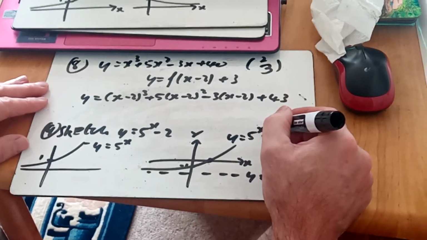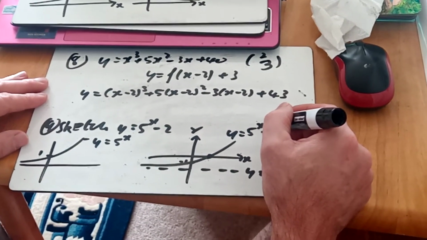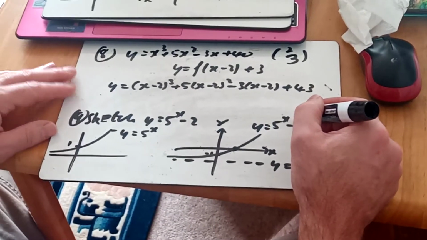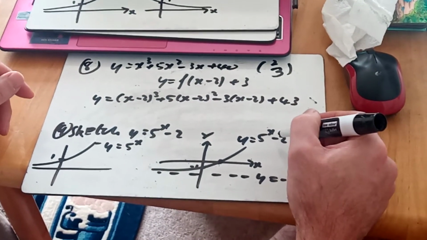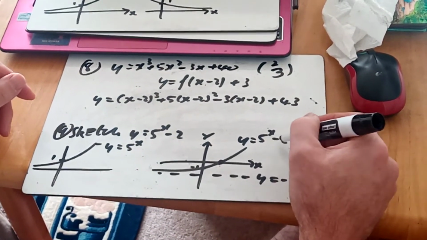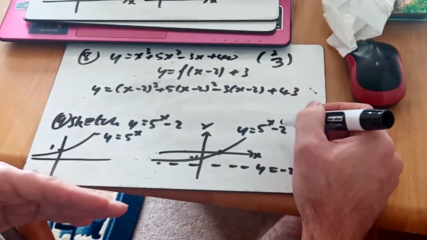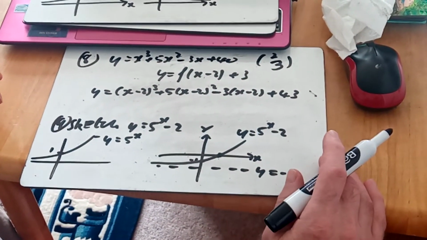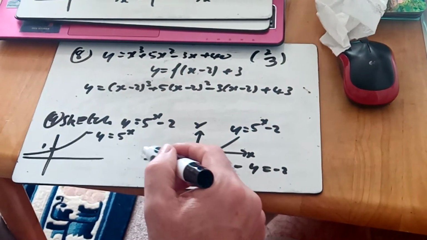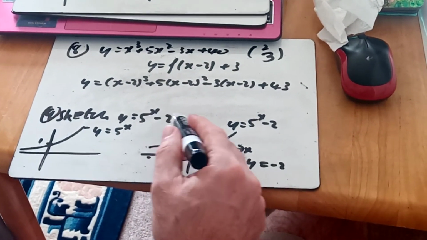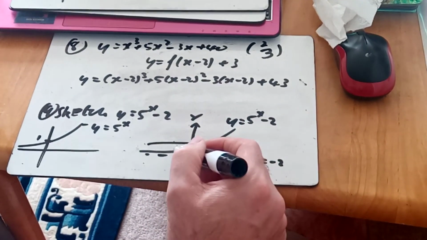If that minus 2 was within the power, well, that would be a shift in the x direction, and it would do the opposite. It would shove it all 2 that way. But in this case, because the minus 2 is outside the power, outside the bracket as it were, you move it down by 2, and that's our shift. So I wouldn't want to, when I'm doing multiple stage curve sketchings, go straight to the final answer.